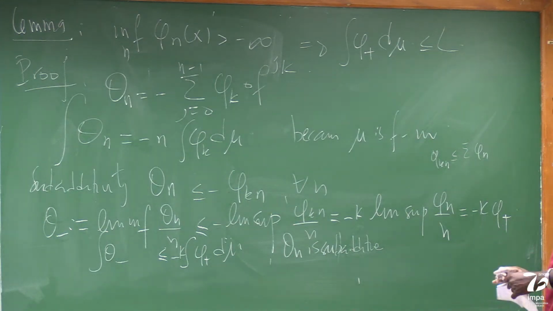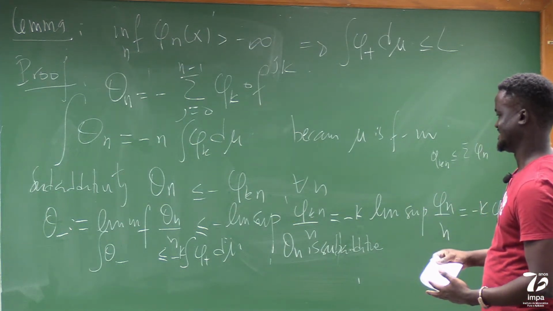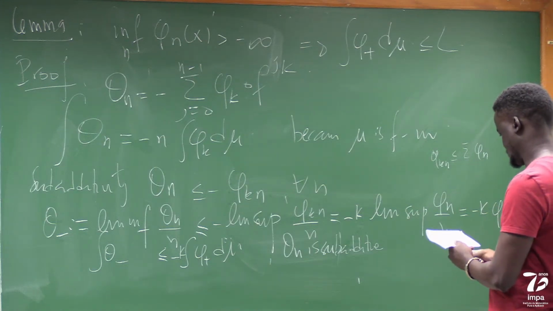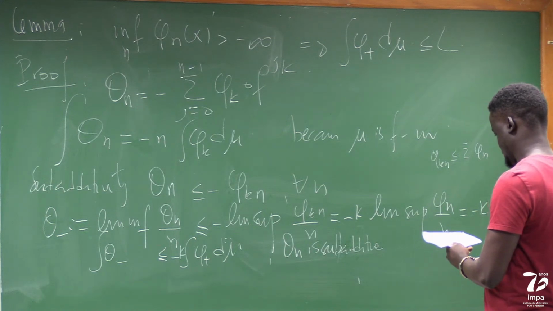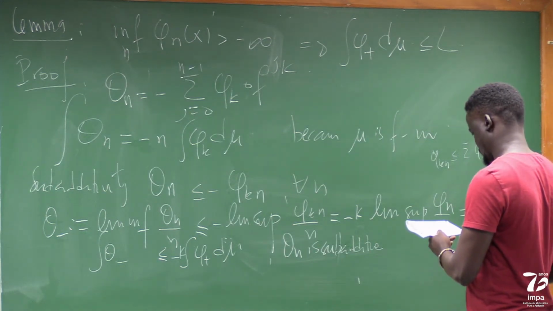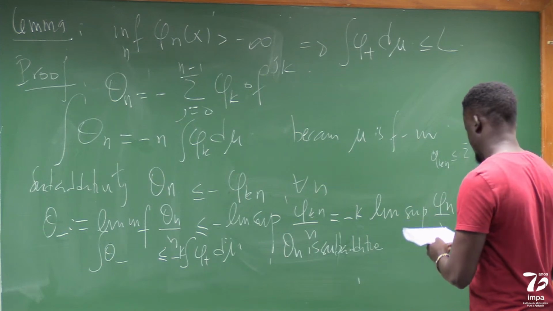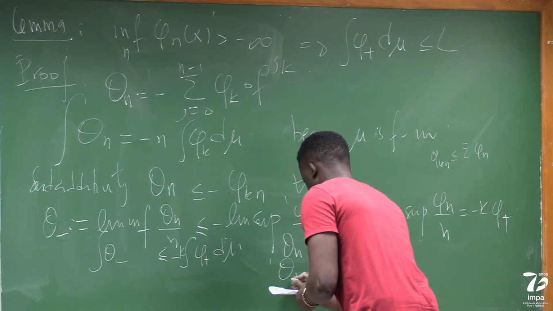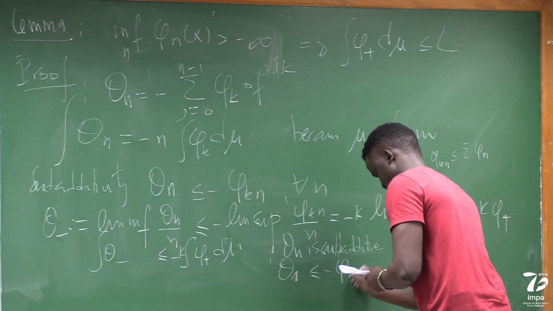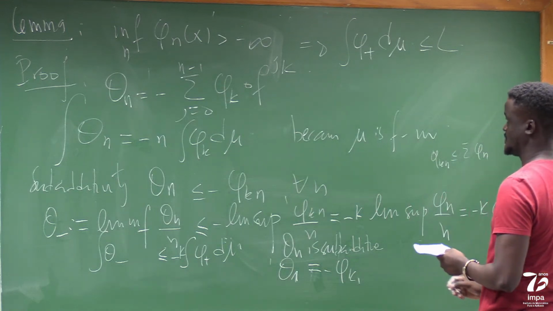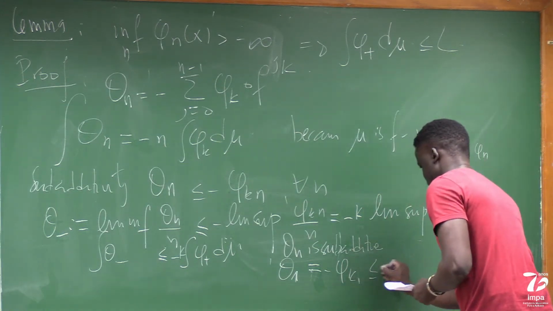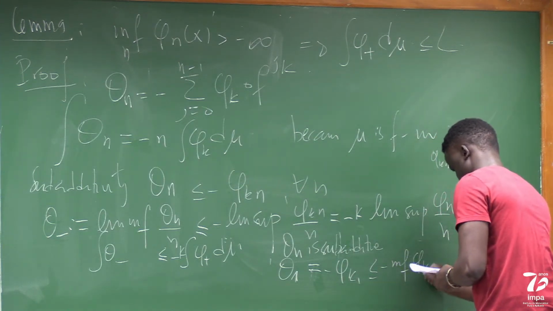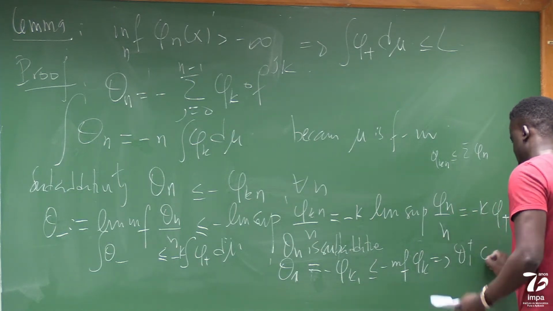So let me just save myself by finishing it today. So theta n is sub-additive, and also theta 1 is minus phi k, which is less than minus the infimum of phi k. So this would imply that theta 1 plus is in L1 of mu.